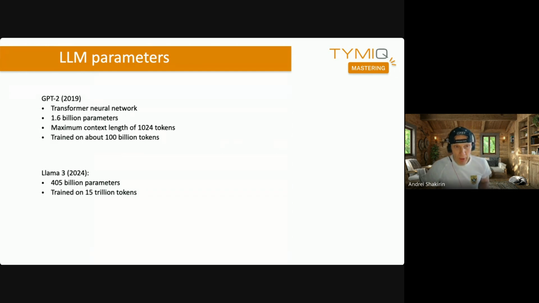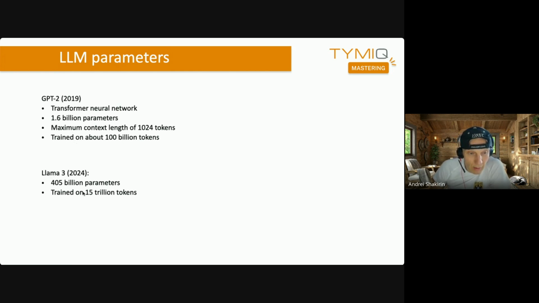There are some parameters in LLMs. Some of them we already discussed. A very important parameter is, of course, the number of these weights or coefficients. The larger it is, the more precise the model is. For example, GPT-2, released in 2019, has about 1.6 billion parameters.